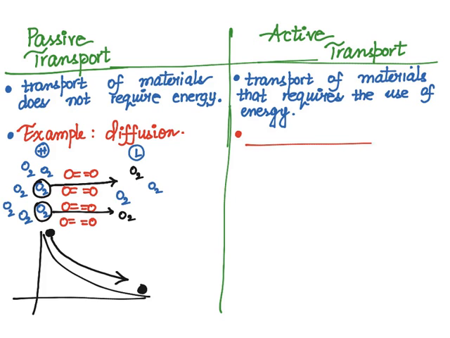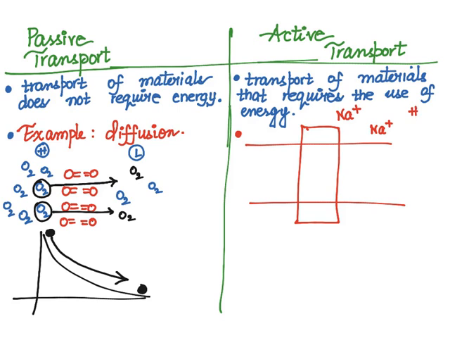So there is a plasma membrane again, and we have the integral protein. And let us say we have sodium ions, very high concentration on this side. And then I have low concentration of sodium ions over here.